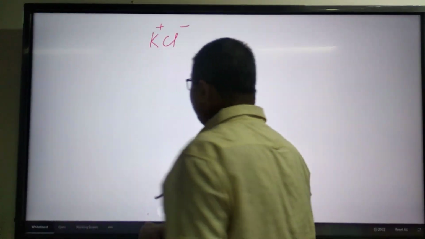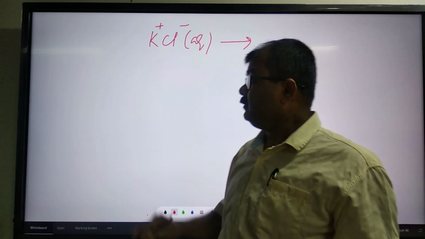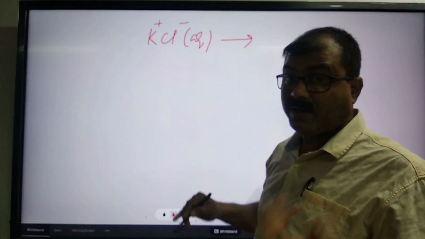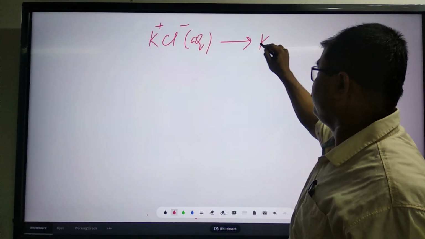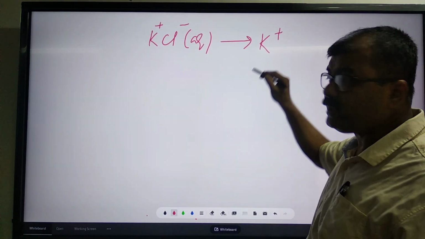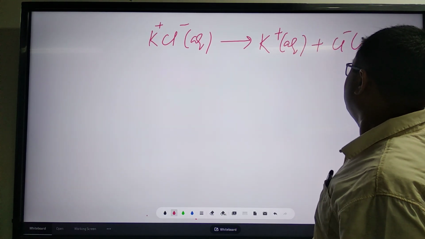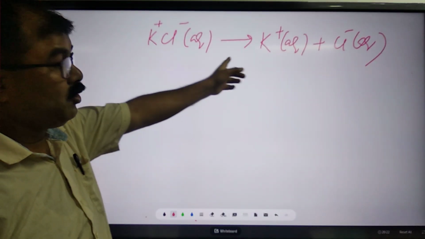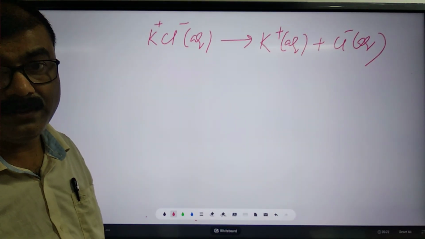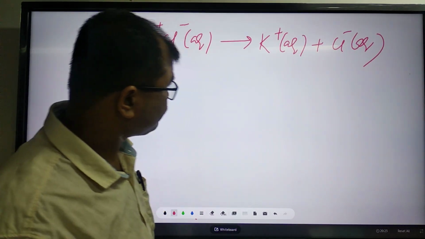If we put any salt, suppose it will put in aqueous, that is water, the aqueous solution you will prepare, it will dissolve in water, then what will form? They get dissociated to their corresponding simple ions. One is cation, one is anion.